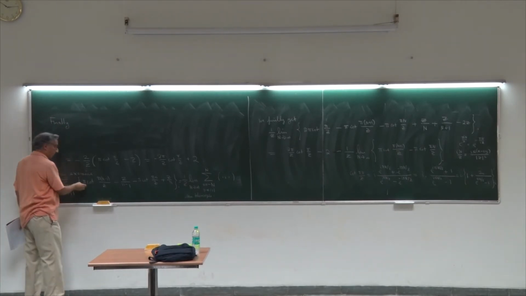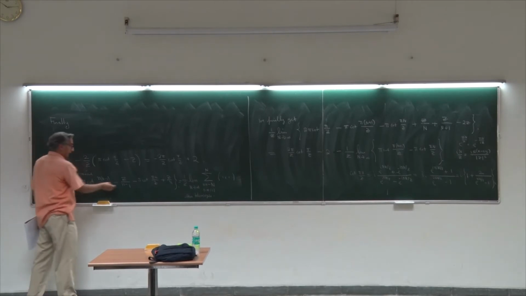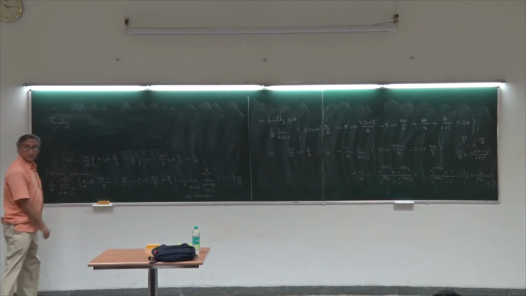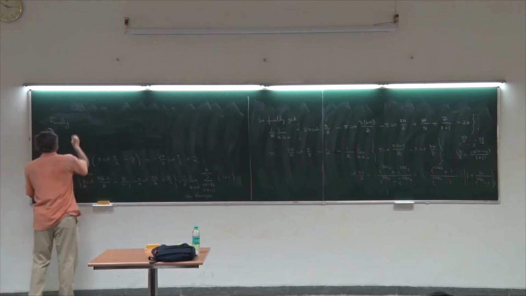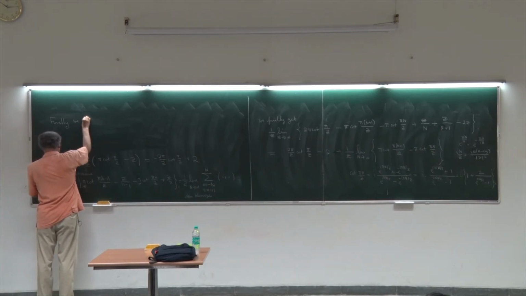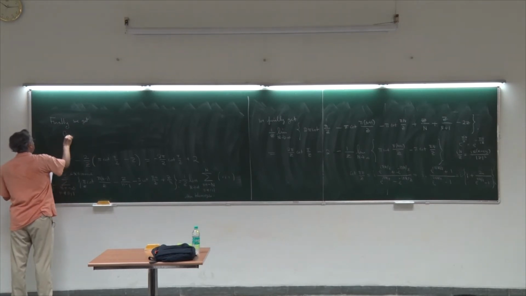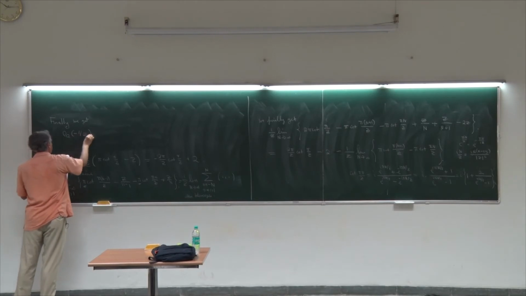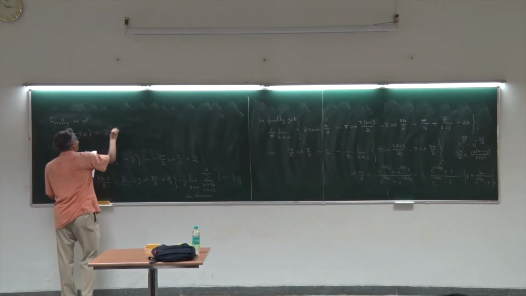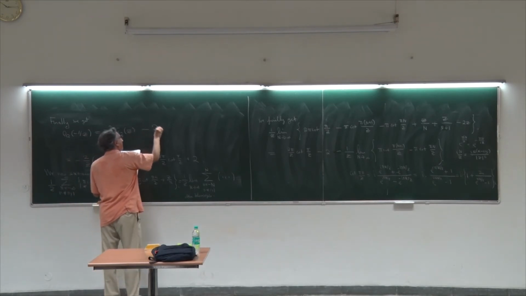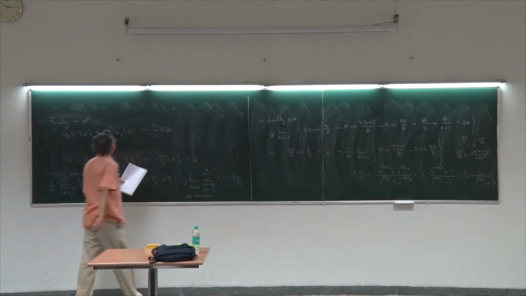Because there's a pi in front here, and a pi in front there, we're going to pick up a pi times i. So we get, so this is a theorem.